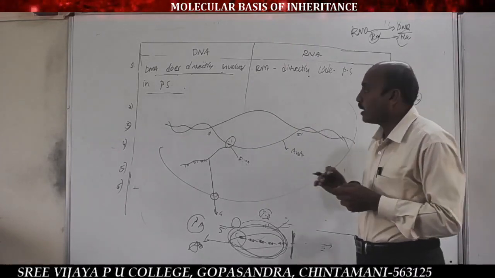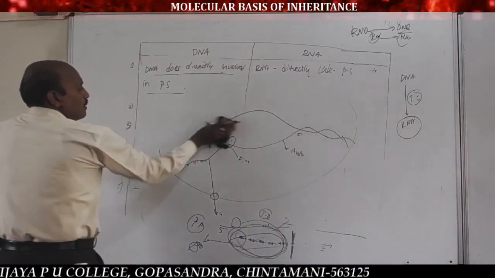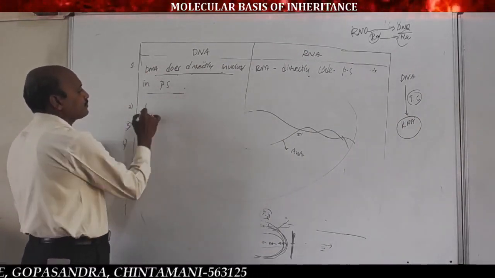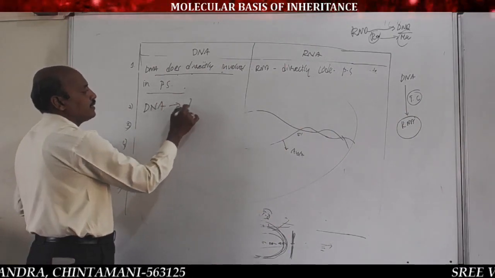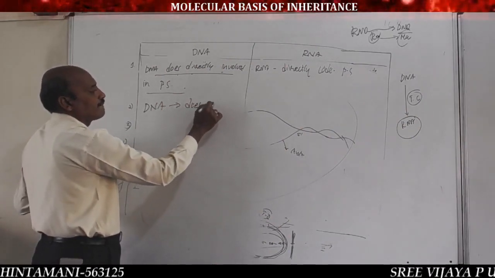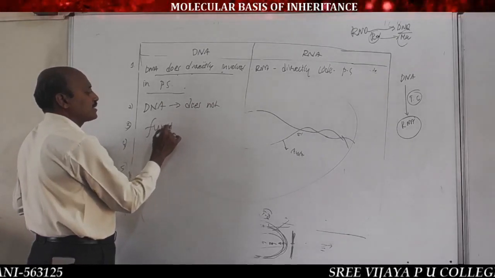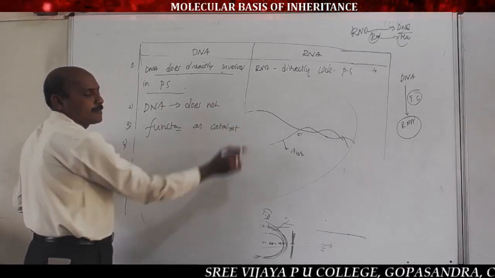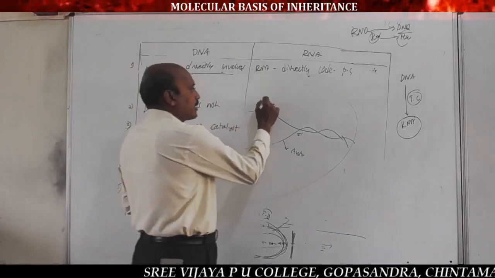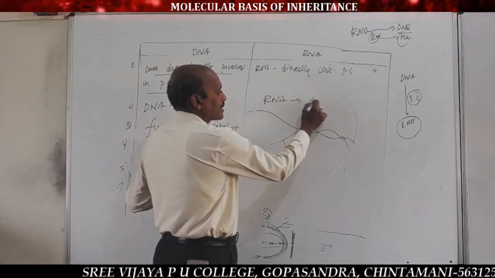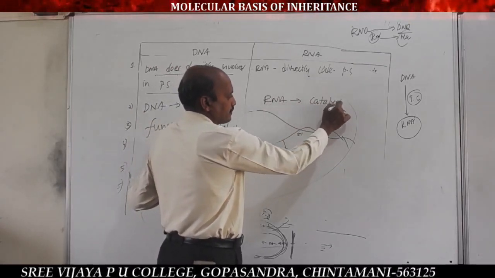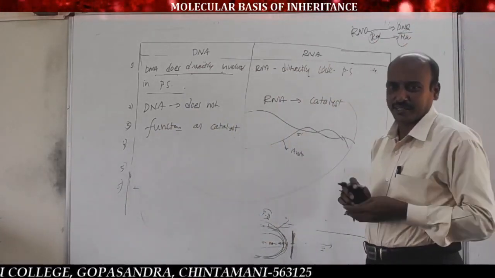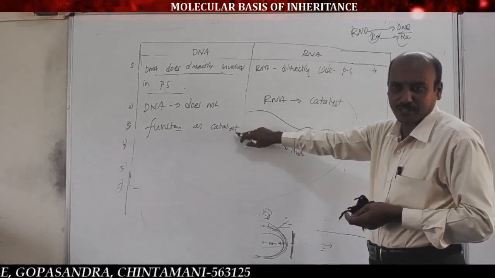And the last difference is that DNA does not function as a catalyst, whereas RNA acts as a catalyst. That's why RNA is an unstable nucleic acid and DNA is a stable nucleic acid.